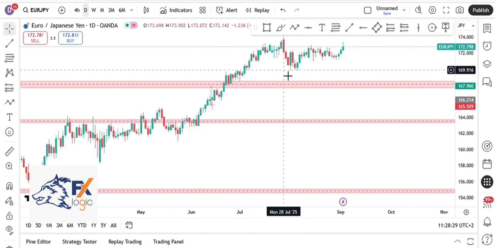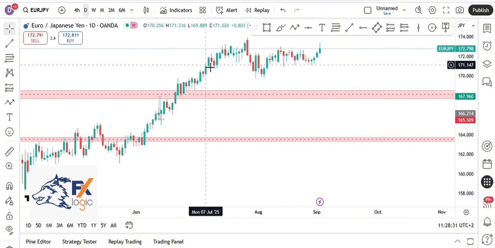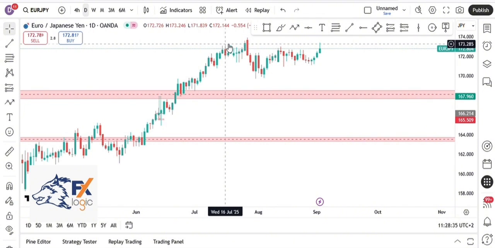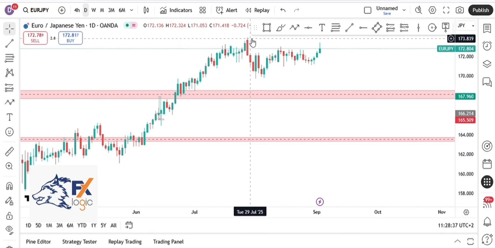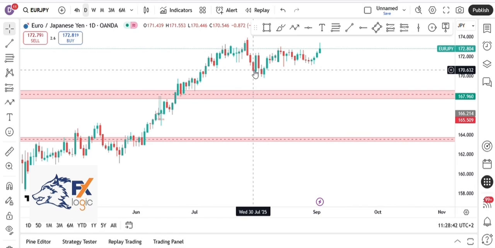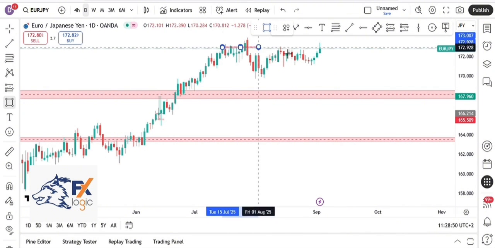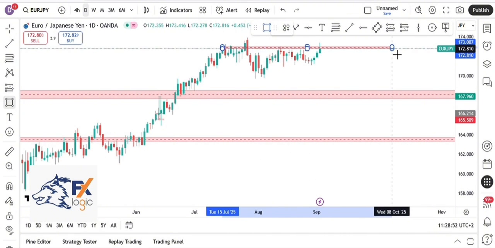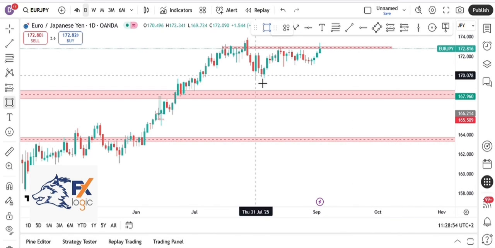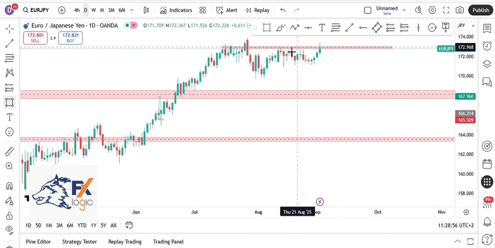If you zoom in deeply, you can see a higher high here, higher low, a higher high here, and higher low, a higher high, and a lower low. So right now on the daily time frame on EURJPY, we currently have a slight downtrend. We're going to call this a downtrend.